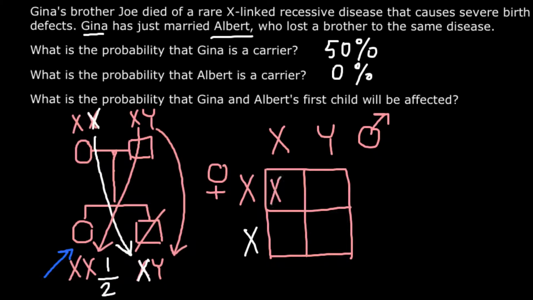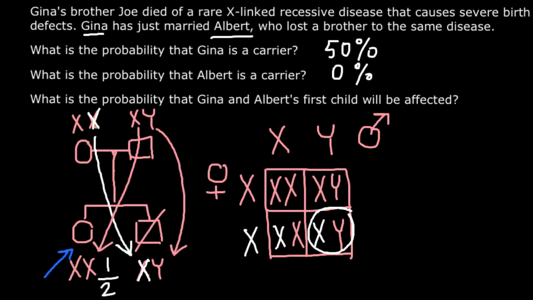So here we will have one normal genotype for female, XX. Here we have one normal genotype and phenotype for male. And here we have a female who is going to be a carrier. And here we have a male who is going to express this genetic disorder. So, as you see, 3/4 of the children probably wouldn't be affected with this genetic disorder, and 1/4 of the children would be affected.